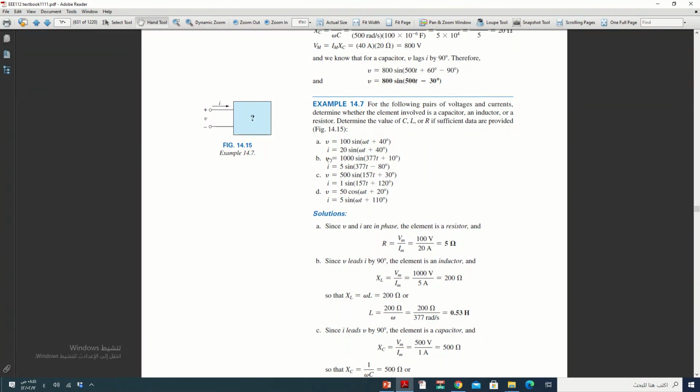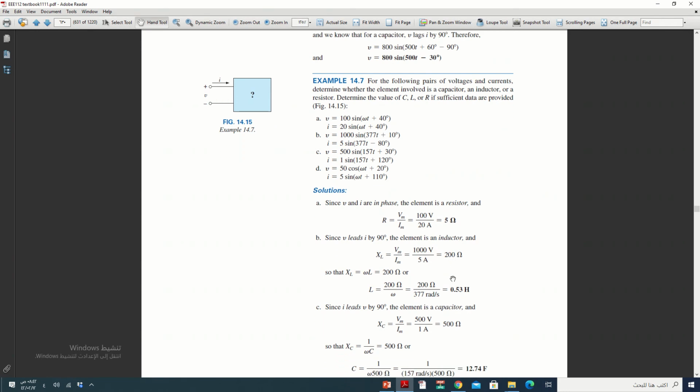This means the voltage leads the current. Which element has the voltage leading the current, capacitor or inductor? Inductor. In the inductor, the voltage leads the current, or you can say the current lags the voltage. See here, since V leads I by 90 degrees, the element is the inductor, and we can find XL, which is 1000 divided by 5, which is 200.